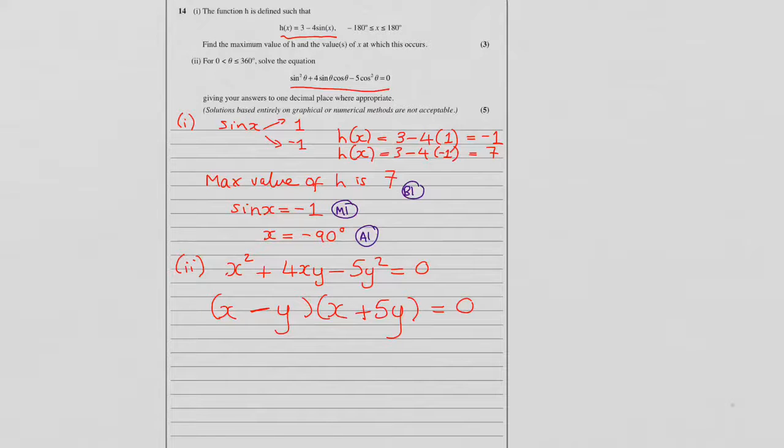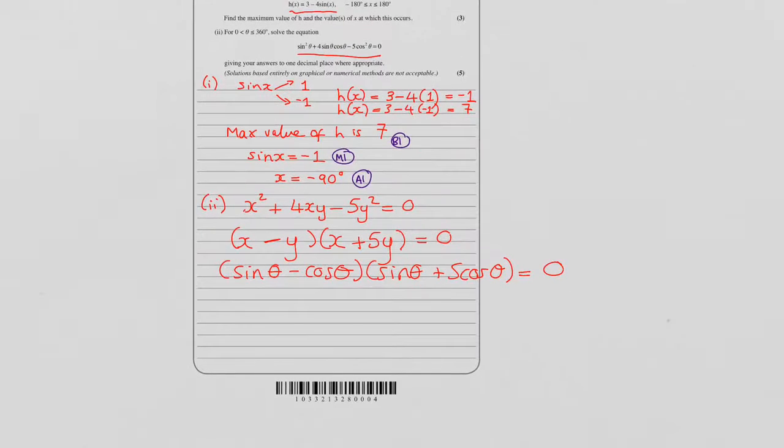And then to turn it back into what we want, I'm just going to replace that with the sine and the cos instead. Okay, so now we've got that far. We've got to take each of these and solve them. Now, I've said before, if you have something involving sine and cos, it's going to end up being tan. So sine theta minus cos theta equals 0, so sine theta equals cos theta.